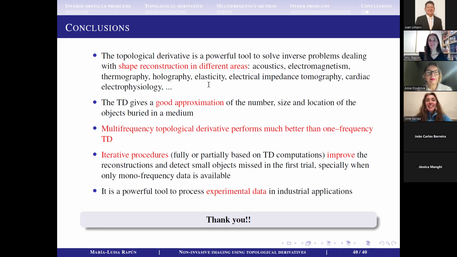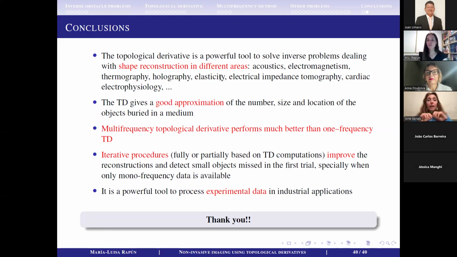Yes, can I ask something? Yes, sure. Hello, Maria Luisa. Thank you for your interesting talk. There is a lot of information here and a lot of work, I suppose. Only one thing, to confirm if I have understood well: when you defined, in the mathematical part, the topological derivative, you redefined it in terms of the shape derivative, no?